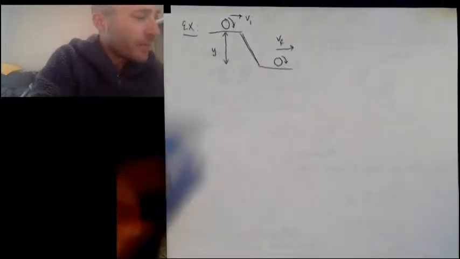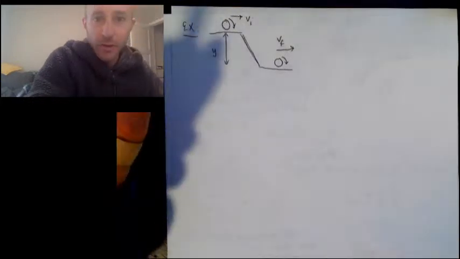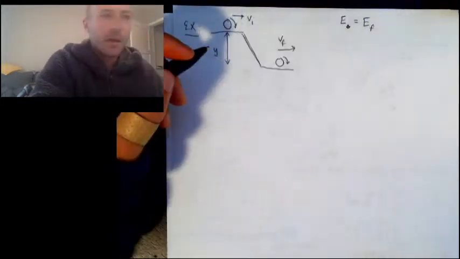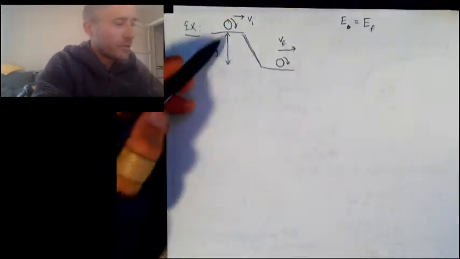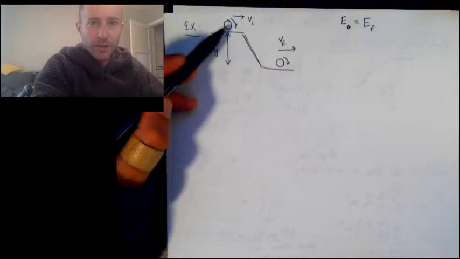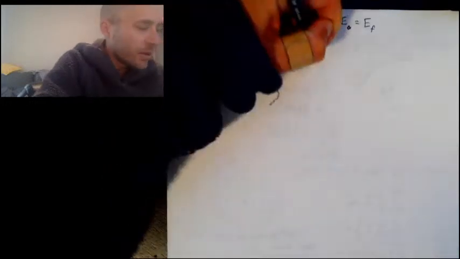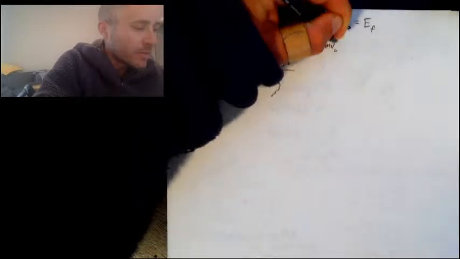Okay, so we could actually calculate the final speed fairly easily. We would use initial energy equals final energy. Okay. The initial energy consists of rolling kinetic energy and gravitational potential energy. So we have rolling kinetic energy.